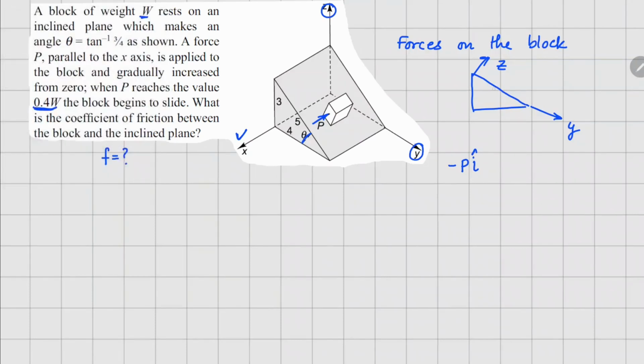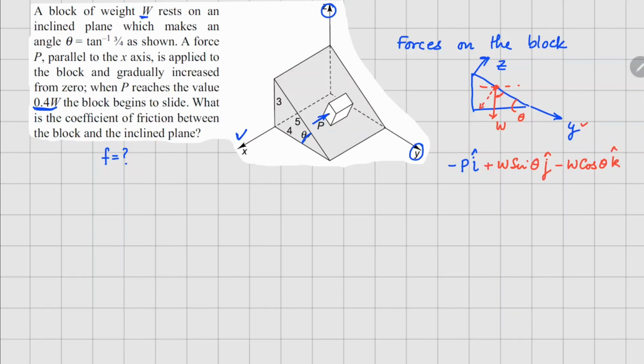So if I draw the weight on the block going downwards here, this angle is theta, right? If I take the components of this force, this angle is going to be 90 minus theta. So your W sine theta will be pointing in this direction, so I write it as j cap, and minus W cos theta will point in the direction that is opposite to k cap.